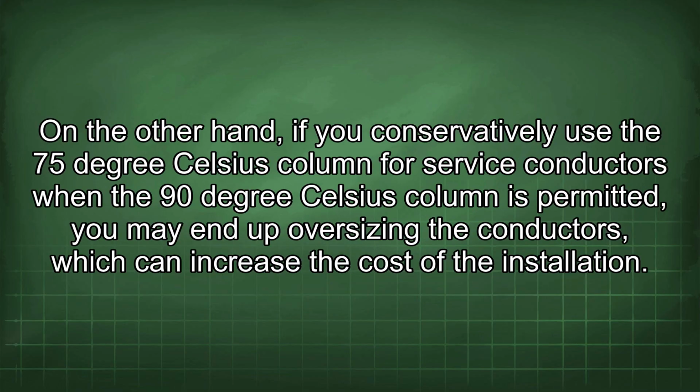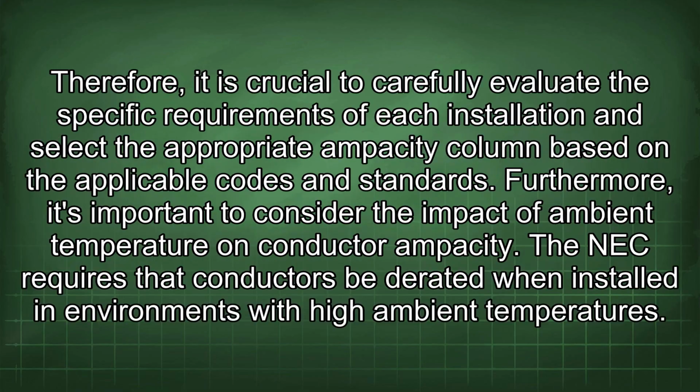On the other hand, if you conservatively use the 75°C column for service conductors when the 90°C column is permitted, you may end up oversizing the conductors, which can increase the cost of the installation. Therefore, it is crucial to carefully evaluate the specific requirements of each installation and select the appropriate ampacity column based on the applicable codes and standards.